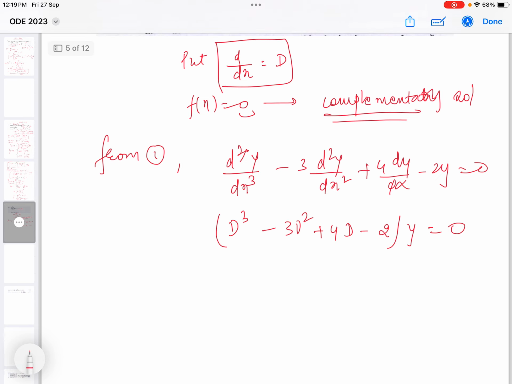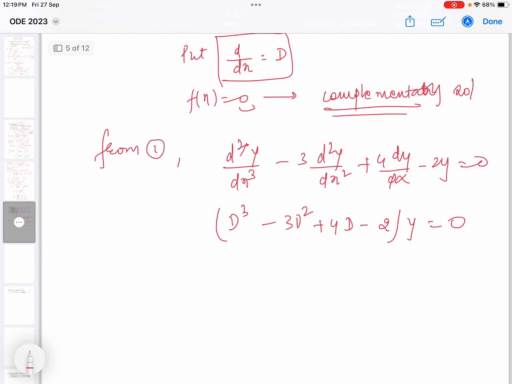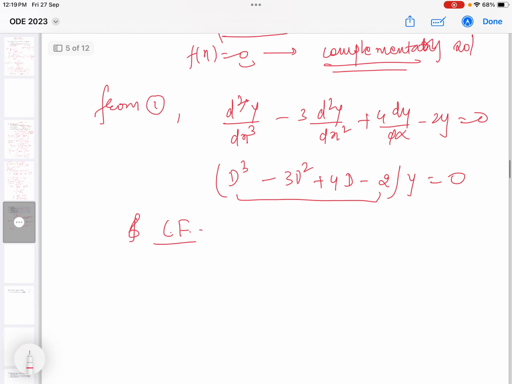In order to find the complementary solution, what we need to do is factorize these terms. So finding the complementary function, D cube minus 3D square plus 4D minus 2 equals 0. We have to factor this.